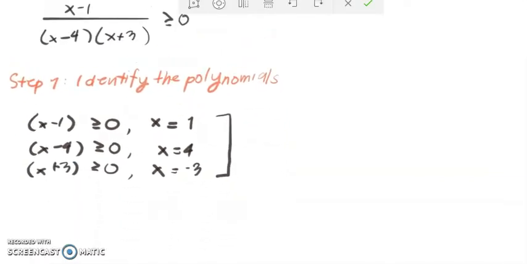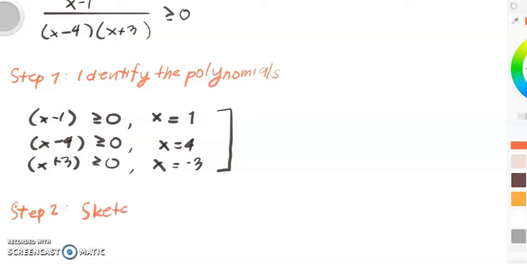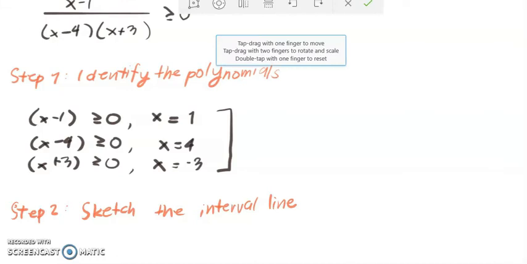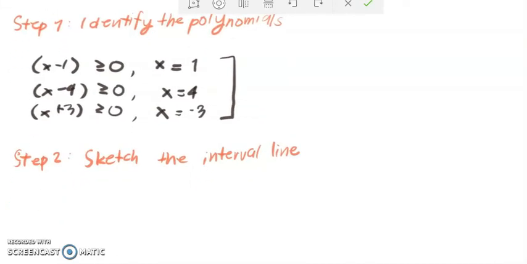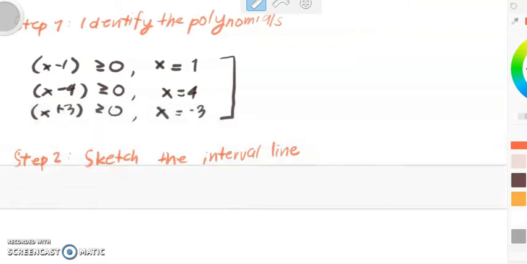Step 2: sketch the interval line. Sketch the interval line using the x values we obtained in step 1. So we will be sketching a straight line.